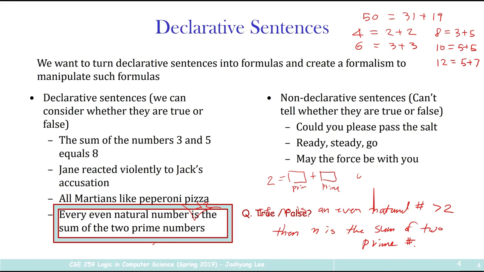You cannot enumerate all possibilities. Even if you enumerate this and show that this sentence works for n equal to like 1,000 million, you still cannot say that this is true because you didn't exhaust all the even natural numbers. So who knows? There may be some counterexample later.